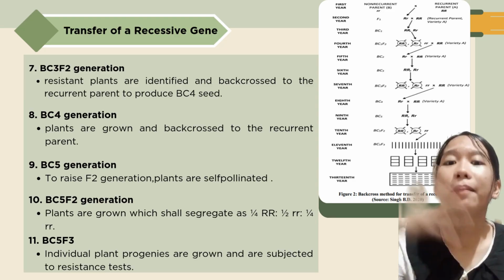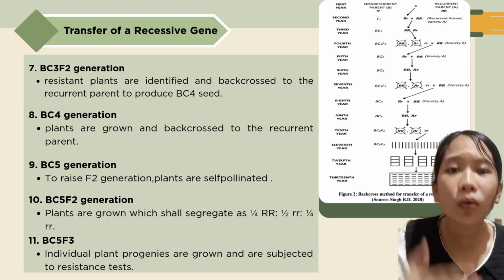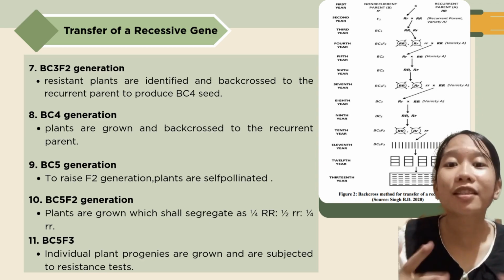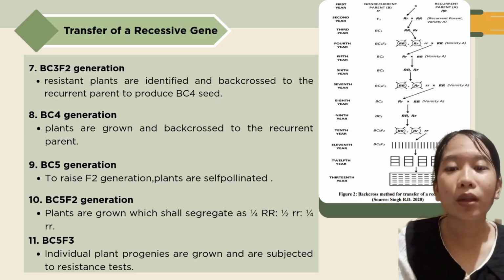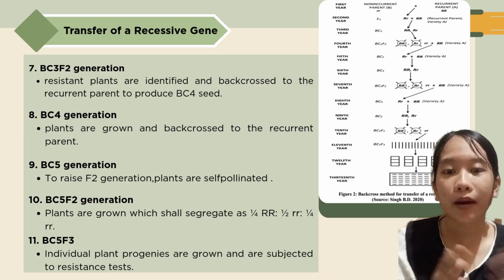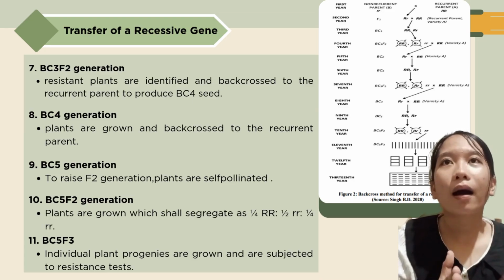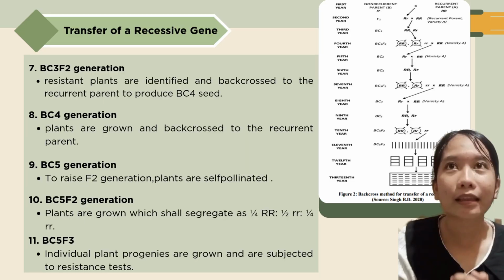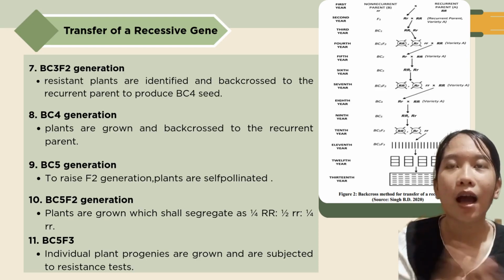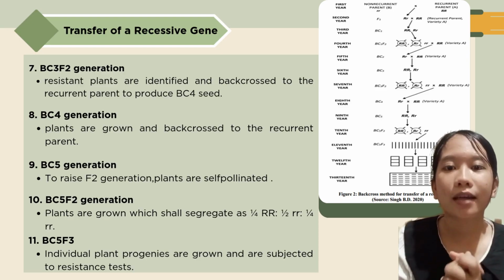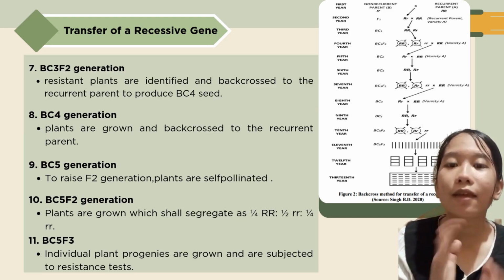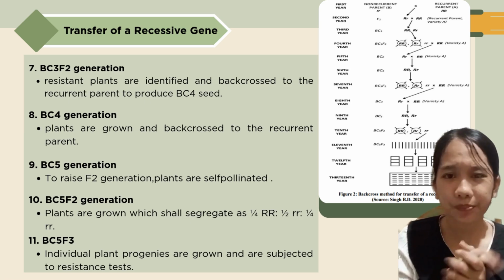Kani nga process ginabalik-balik gyud siya from BC4 to BC5 and so on and so forth until the desired trait is stable and most of the genetic makeup resembles that of the recurrent parent. Hangtod nga makita mas successful na nga makita to didto ang katong desirable traits or mga characteristics nga gusto nimo as a breeder. Then next is the self-pollination, the BC5 F2 generation.